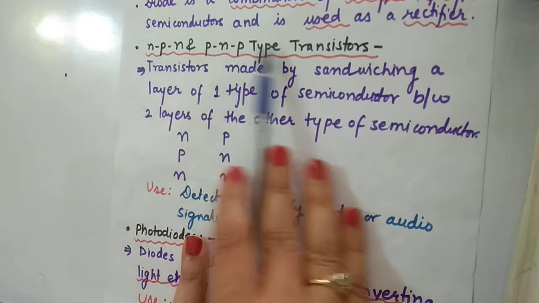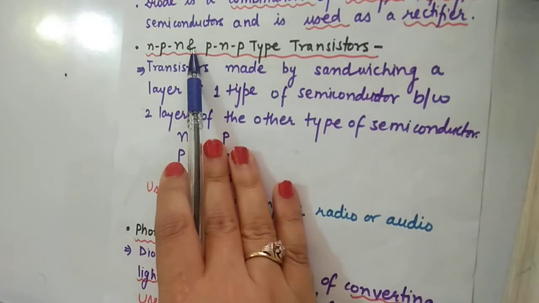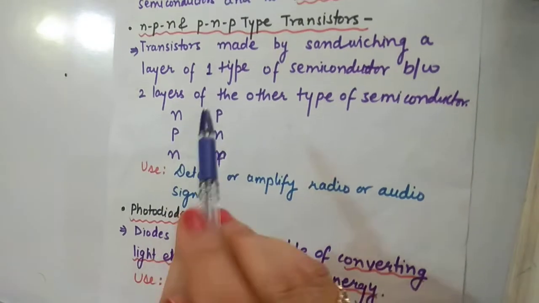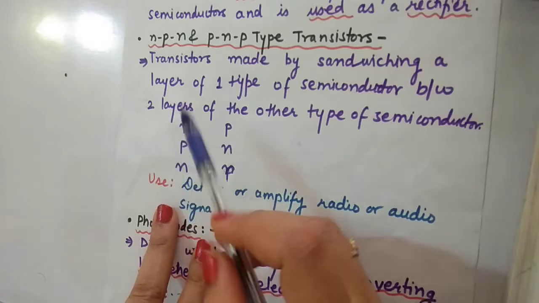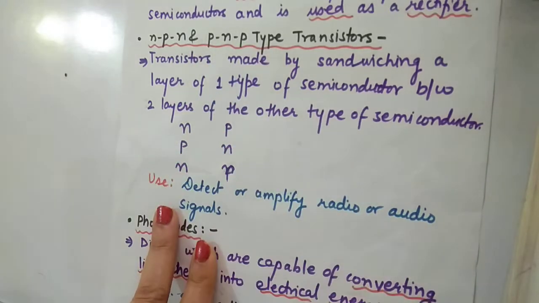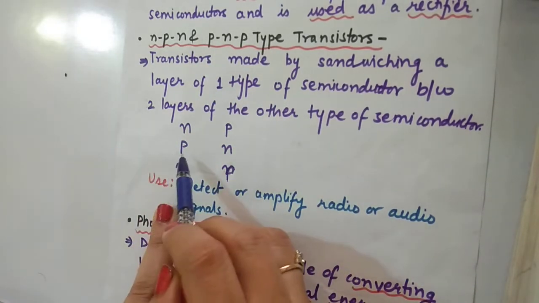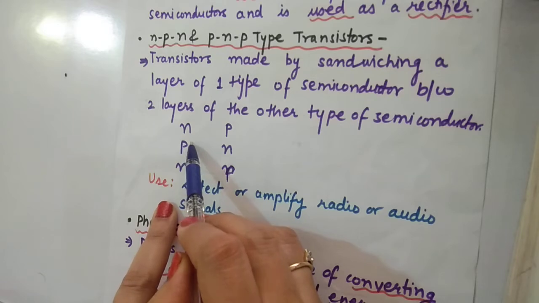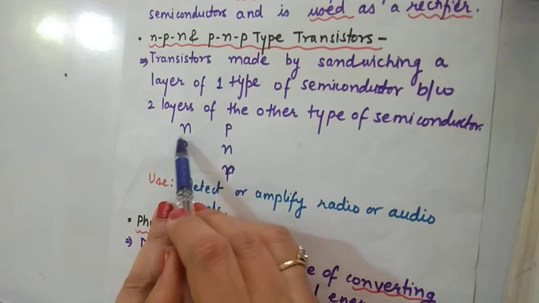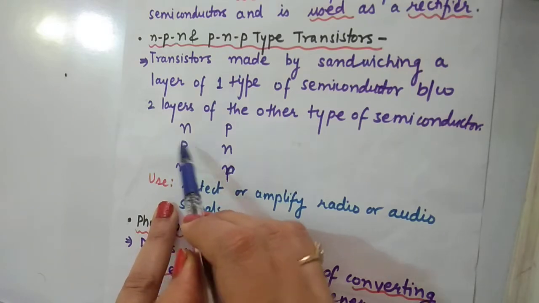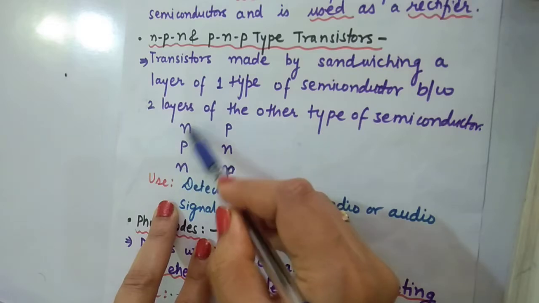Now there are two types of transistors, NPN and PNP. As you can see, in these you are sandwiching a layer of one type of semiconductor between two layers of the other type.